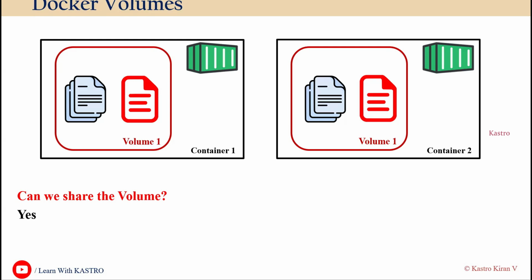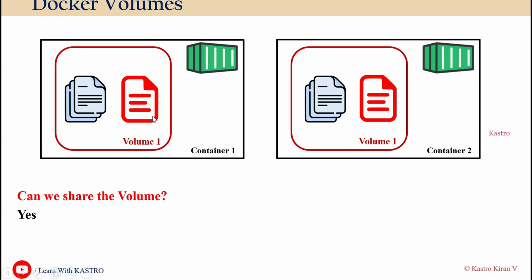So here what we need to understand is, if we create any extra files inside container 2, those files will automatically get replicated into container 1. What is the reason for this? I am creating the files in container 2, but they are also getting replicated inside container 1 as well.